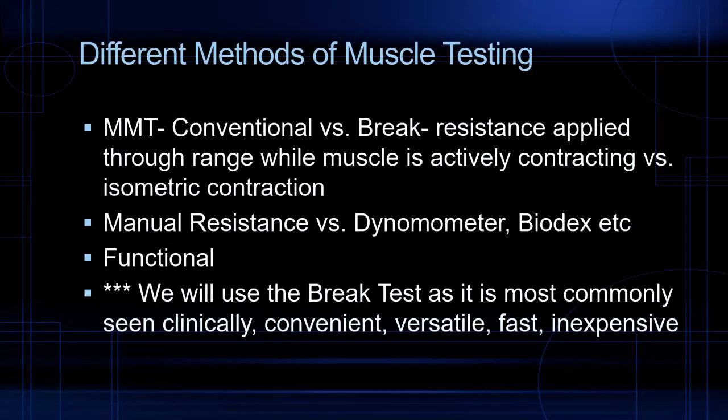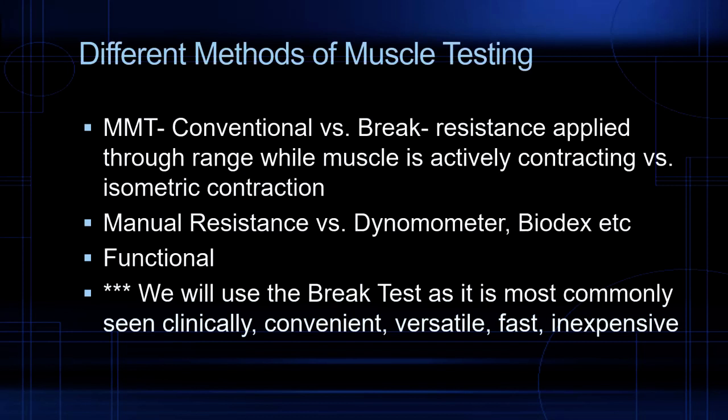Now, there are different methods of testing muscles. In your lecture handout, I have talked about a couple of them. What we're going to be doing in lab is the break test. We're always testing the muscle isometrically.